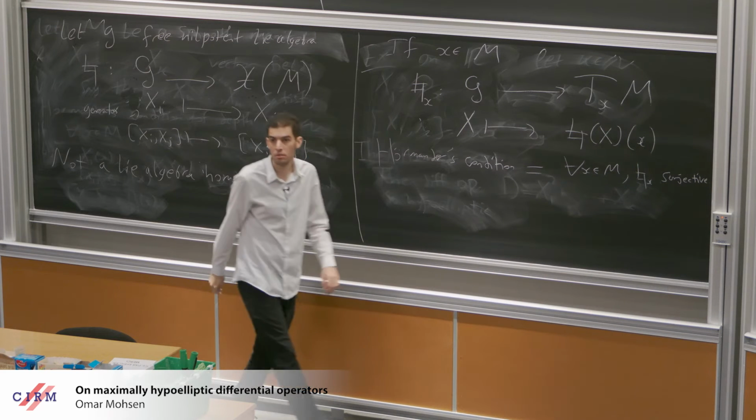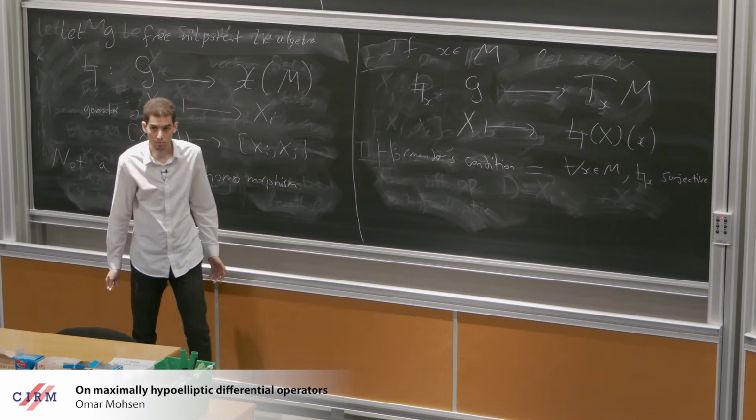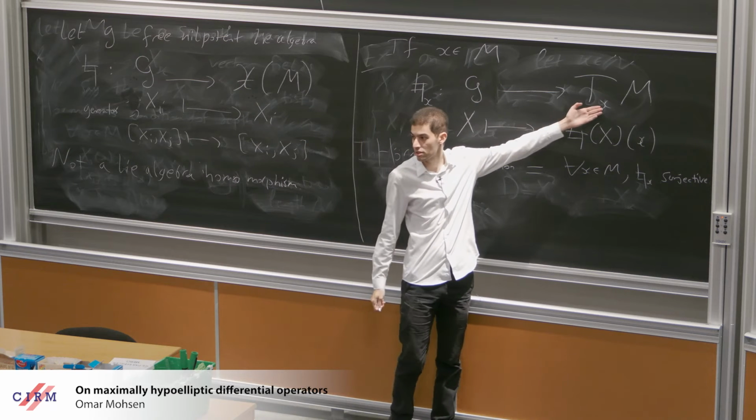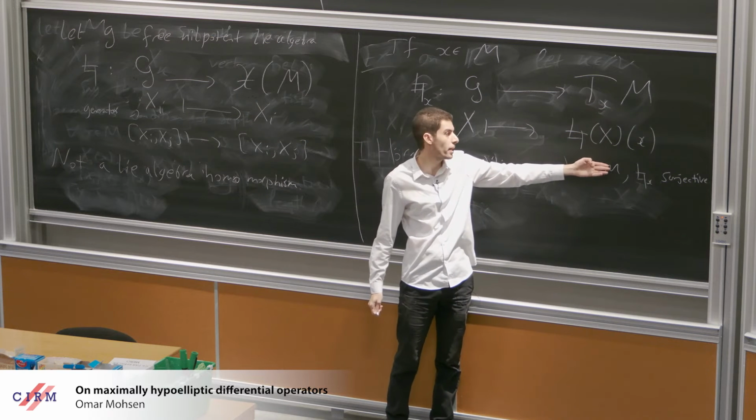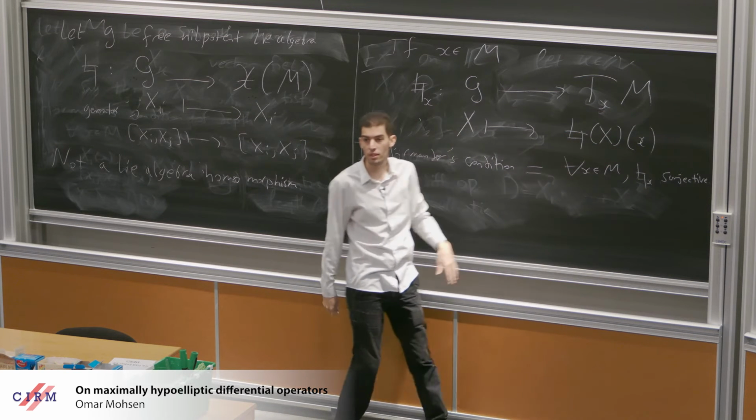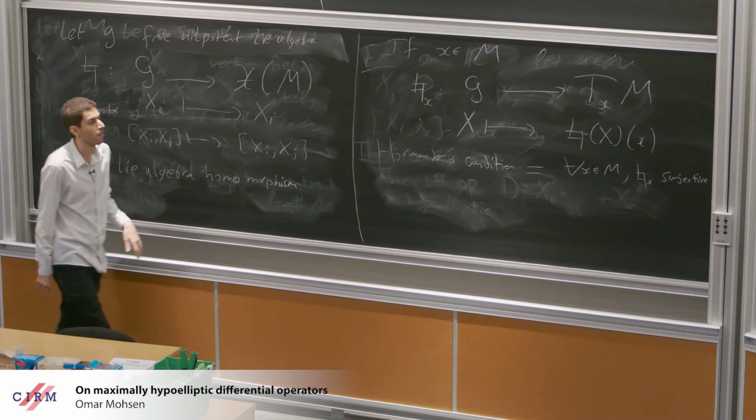This is the exact same thing. It just says that the vector space TxM is linearly spanned by the xi evaluated at X and their commutators.